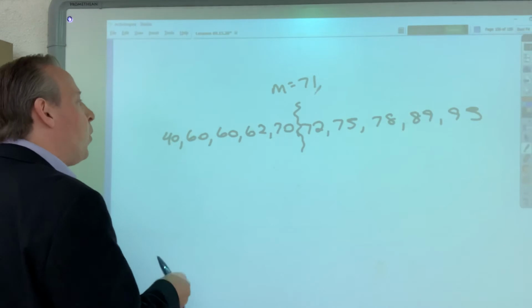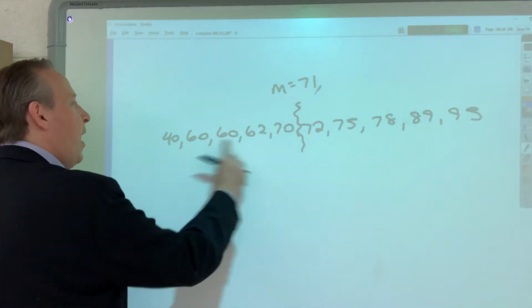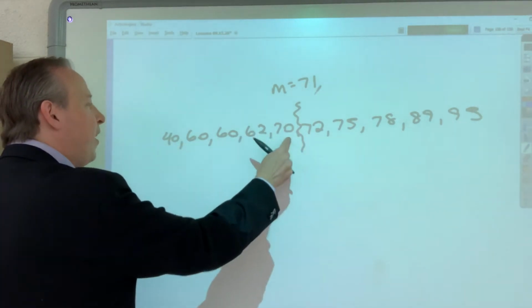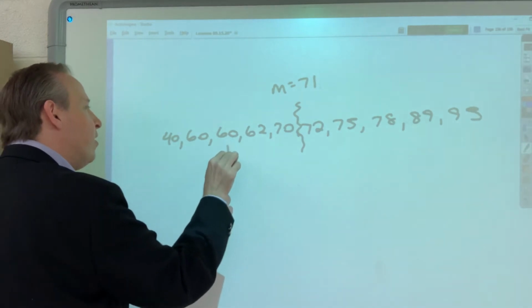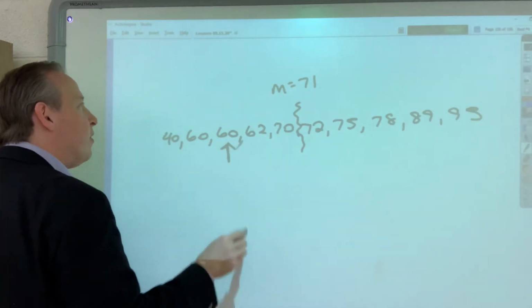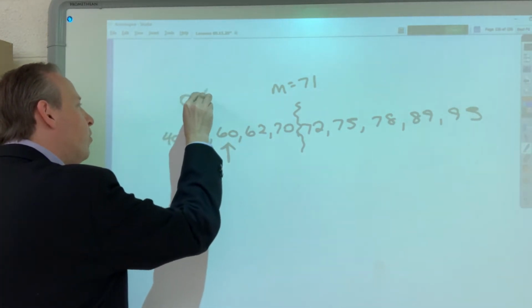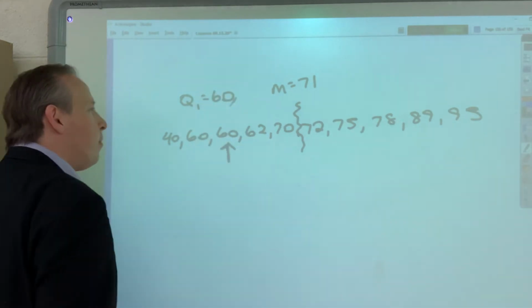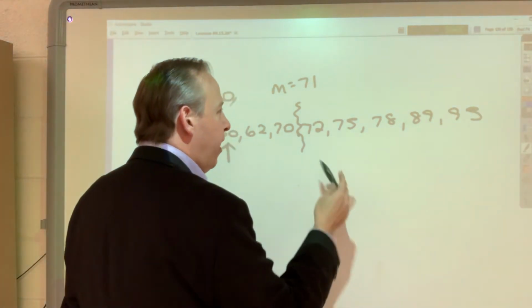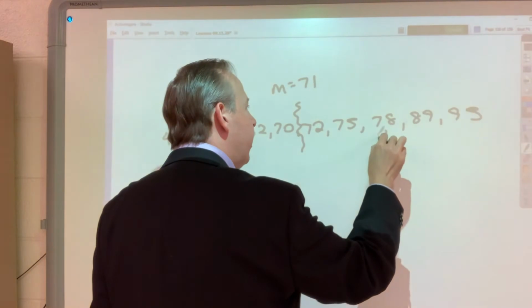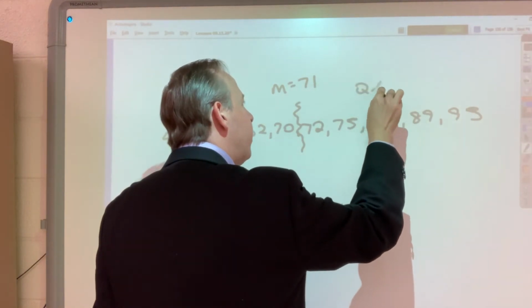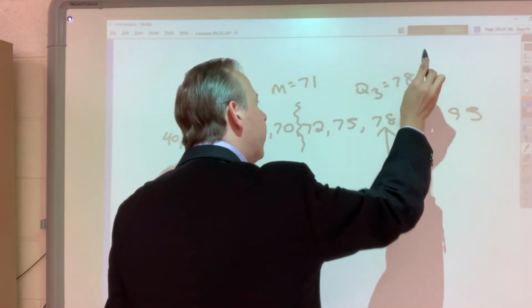So the first quartile is the middle of the lower half. Well, there's 1, 2, 3, 4, 5 values, which means that this one right here stands out as the first quartile. Q sub 1 equals 60. The middle of the upper half, well, that's right here, 78, is going to be my third quartile, Q sub 3.